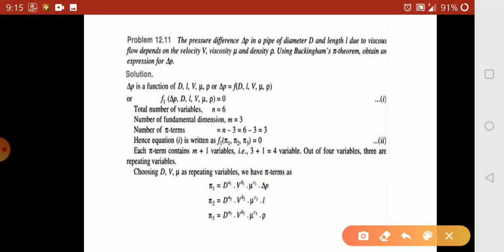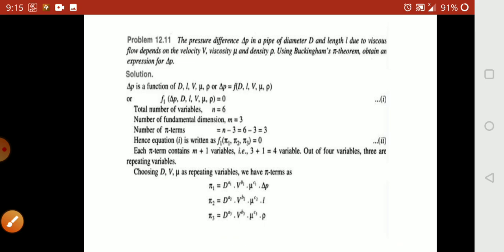Pi 1 is D^a1 V^b1 mu^c1 delta P, pi 2 is D^a2 V^b2 mu^c2 L, and pi 3 is D^a3 V^b3 mu^c3 rho. So these are the 3 terms.